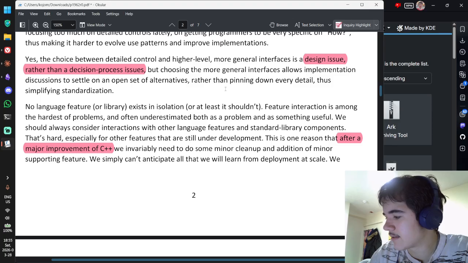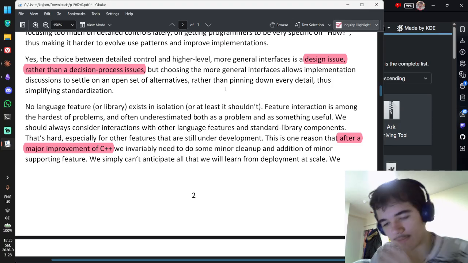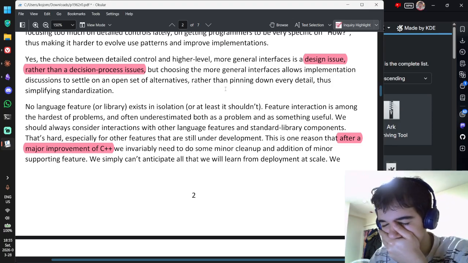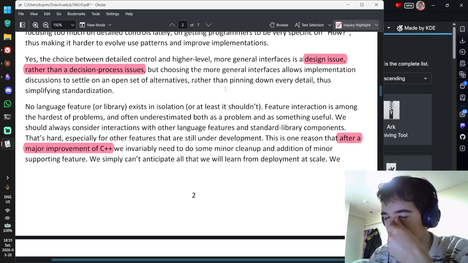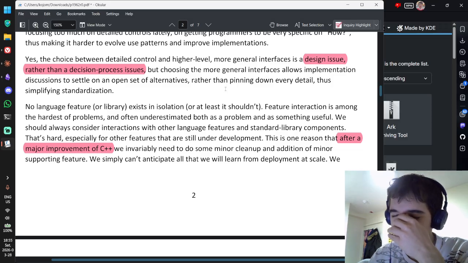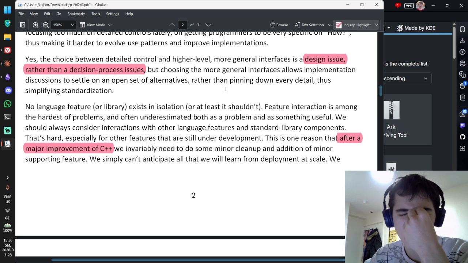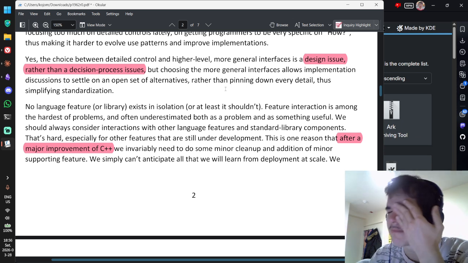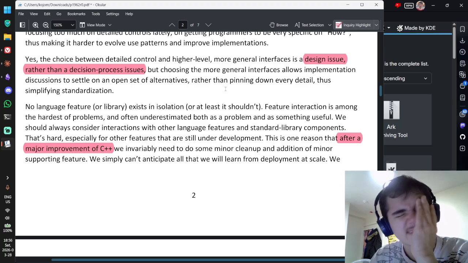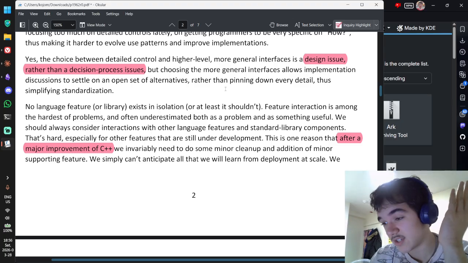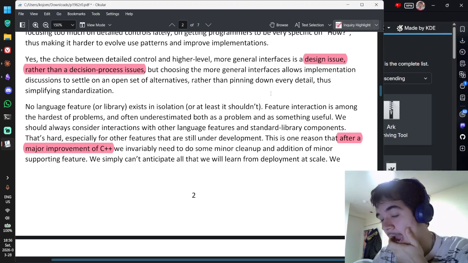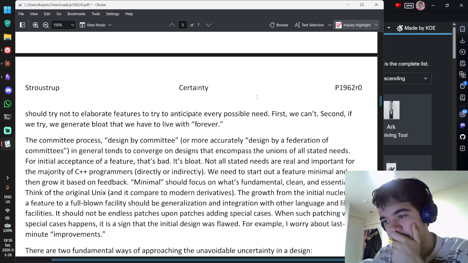Likewise with concepts, they're not like Rust traits, but they do seem more powerful in some ways, because they can be combined with template metaprogramming. Just stuff like that is interesting.